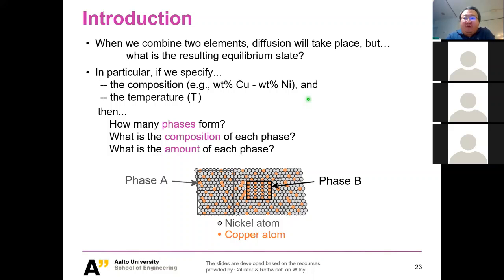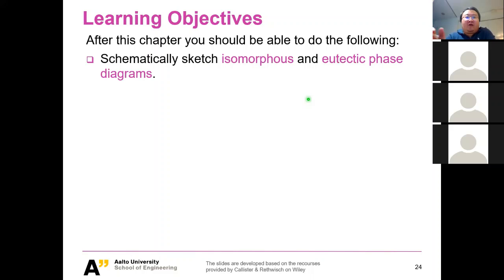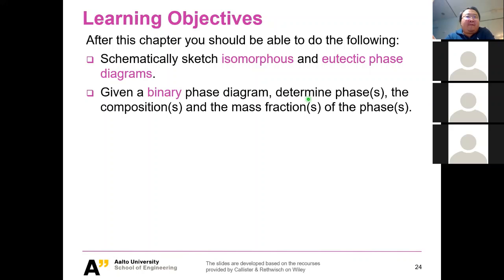So you will be able to, after the lecture, and once again, a lot of new terms, hopefully they will trigger your interest to really get to know about phase diagrams. You will be able to schematically sketch isomorphous and eutectic phase diagrams. I know they're something completely different from what you have learned so far probably, but believe me, after 45 minutes, you will know everything.